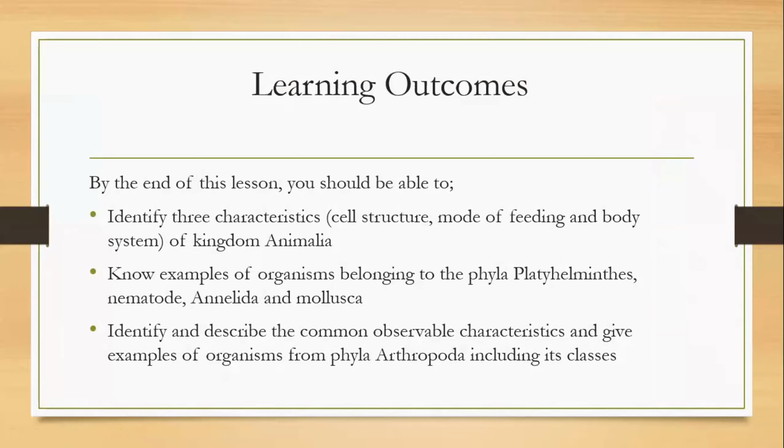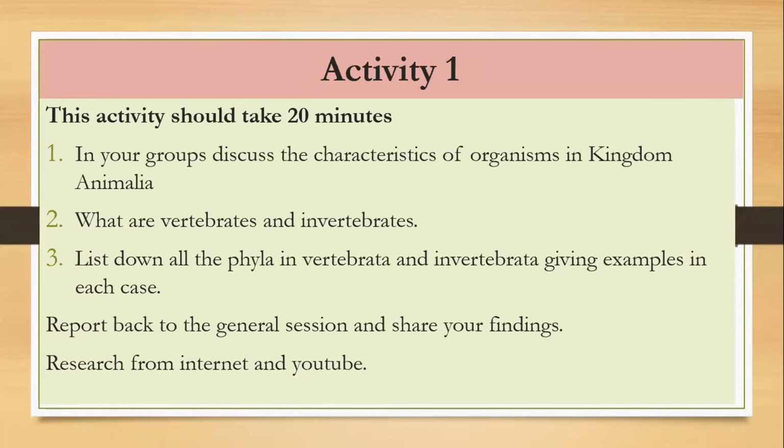Yes. Thank you. So I was saying that these are our activities that we are going to do. That is activity number 1, identifying... There we are. In our groups, you're going to discuss the characteristics of organisms in kingdom Animalia. Then, what are vertebrates and invertebrates? What are they?